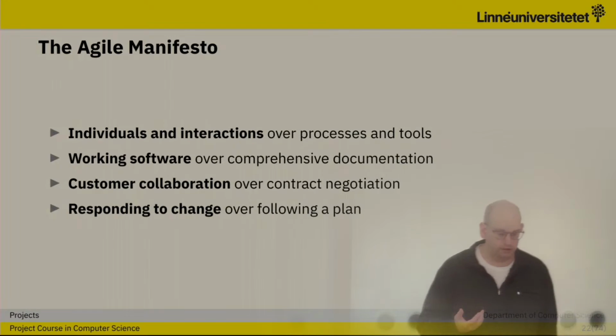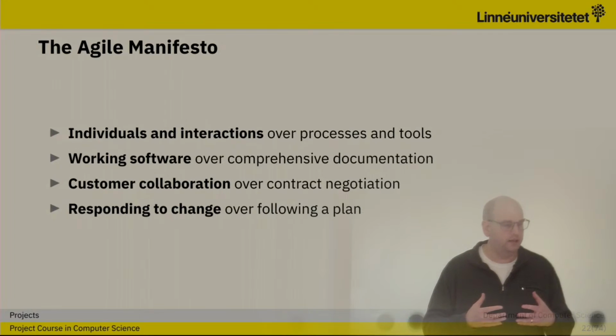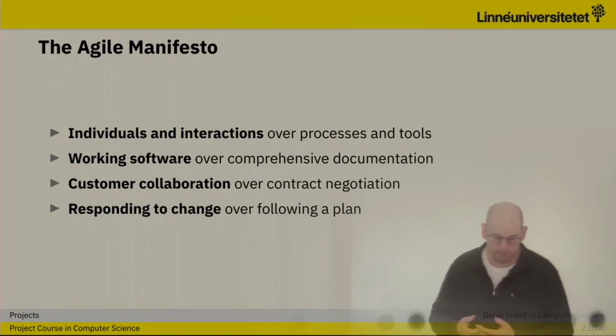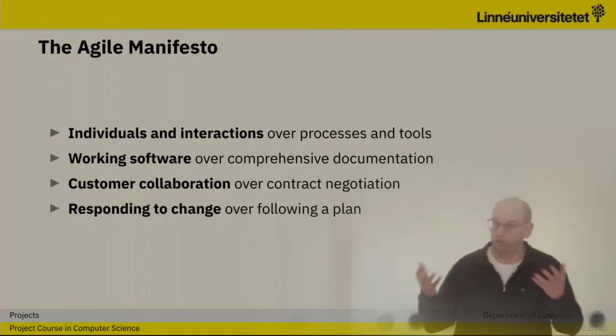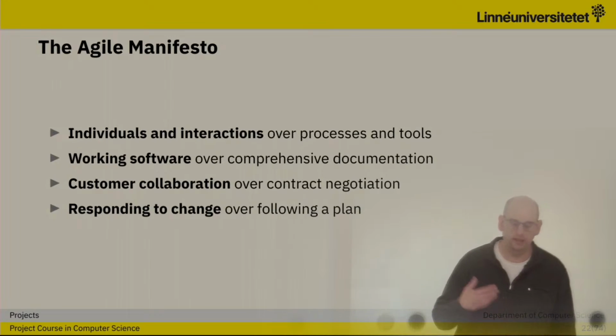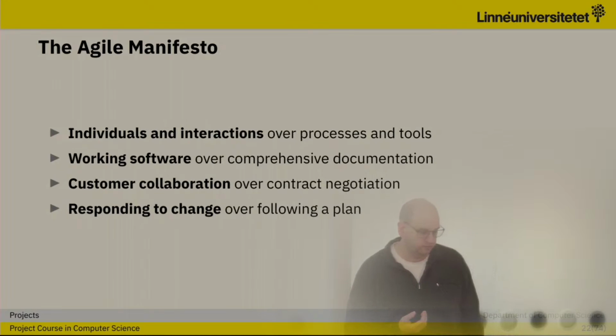So first off, the individuals and interactions over processes and tools. Agile doesn't imply any specific process or tool as such. Then we've created processes and we've created tools as well to help work in an agile fashion. For example, Scrum, as we'll talk later on.